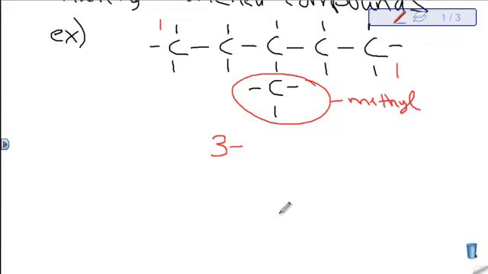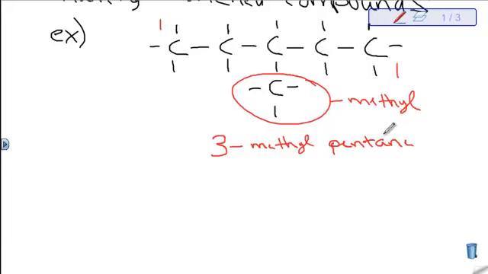If it had 2 carbons attached, we would call it an ethyl group, propyl group, butyl group, pentyl group, hexyl group. In this case, it's a methyl group, so we call this compound 3-methyl. There's the branch. That's the attachment, the functional group. And it has 5 carbons in a chain, so it's 3-methylpentane.